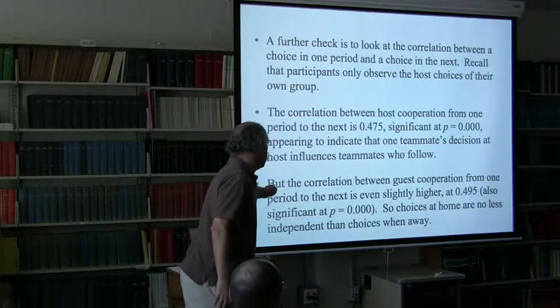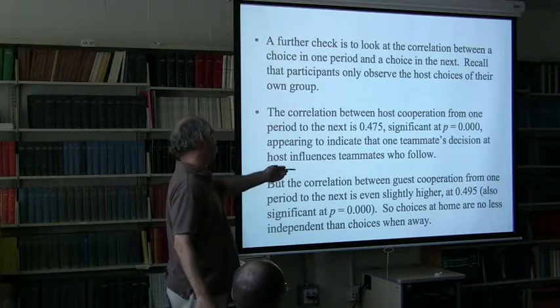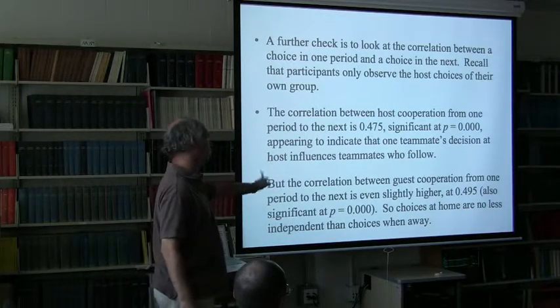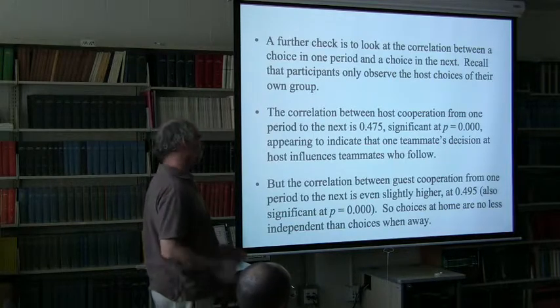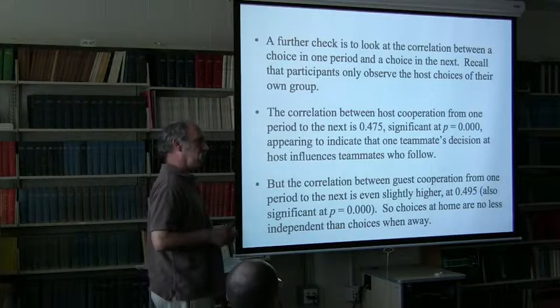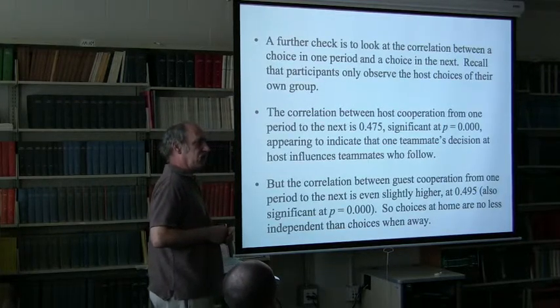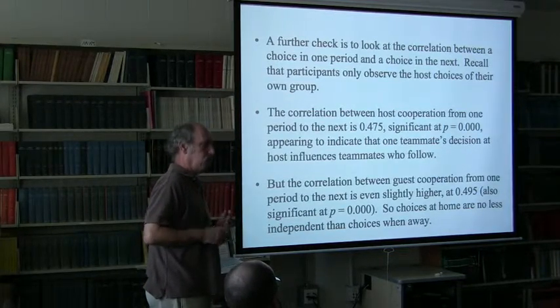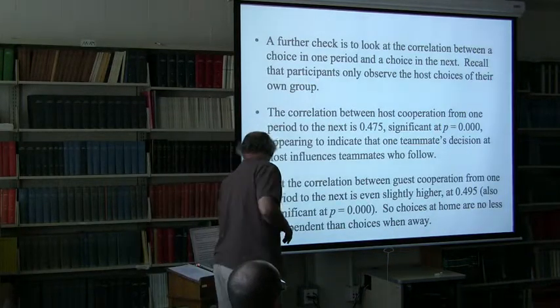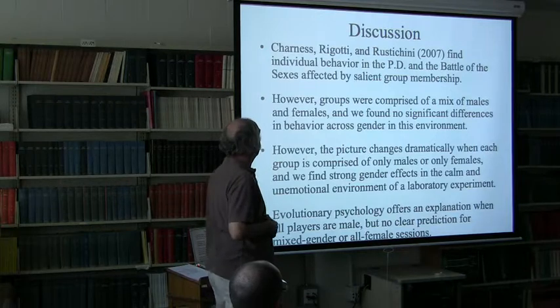But the correlation for choices when away is even slightly higher. The correlation coefficient is 0.495, which is also very highly significant. So choices at home are no less independent than choices when away. So there may be correlation, but it doesn't seem like it's driven by observation. Perhaps we have to look at it more carefully. My last slide.